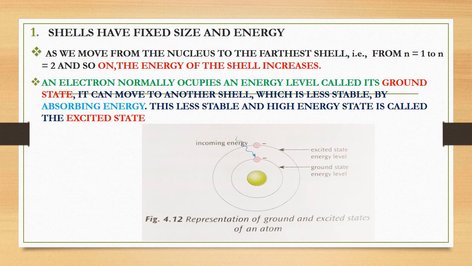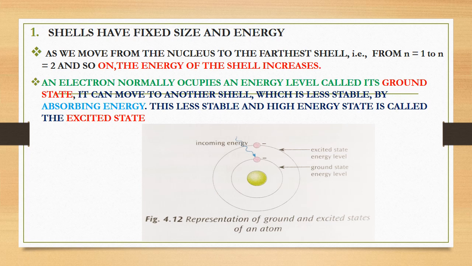You can see that it has 2 cells, isn't it? K and L cell. And in the K cell, we can see it has 1 electron, isn't it? And that electron is gaining energy. Before that, the electron that is present in the K cell is designated as ground state energy level.